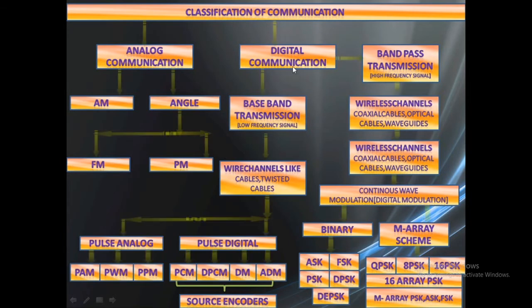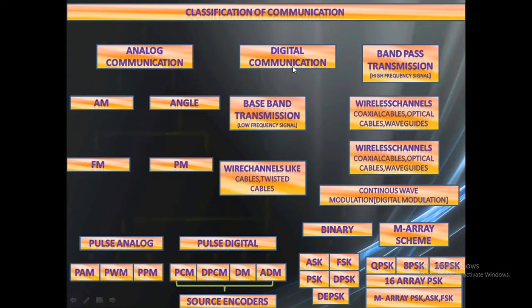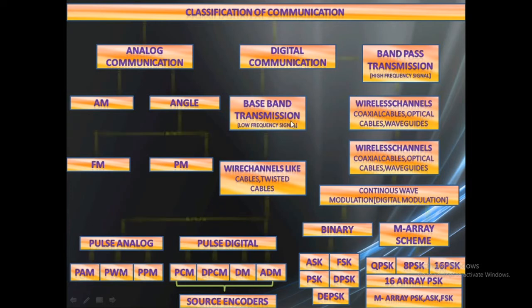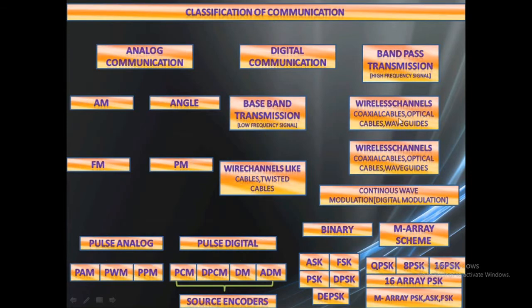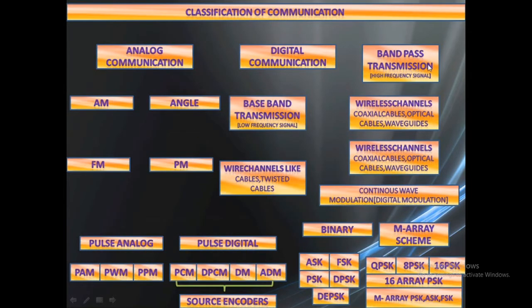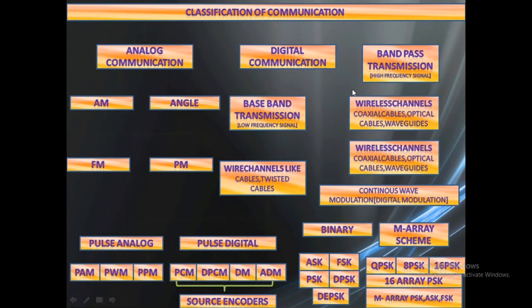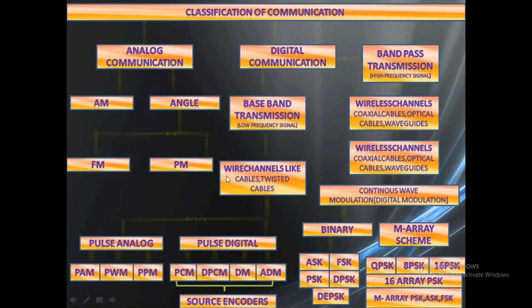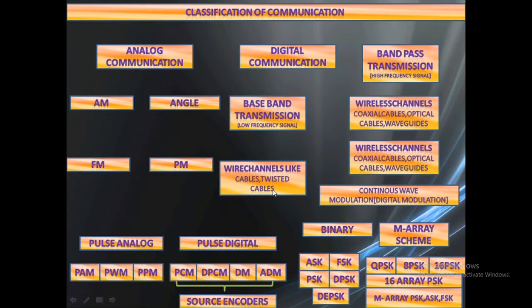Next, digital communication is again divided into two. The first one is baseband transmission, and the other is band pass transmission. Baseband transmission uses low frequency signals, whereas band pass transmission uses high frequency signals. Examples of baseband transmission are wire channels like cables and twisted pair cables.